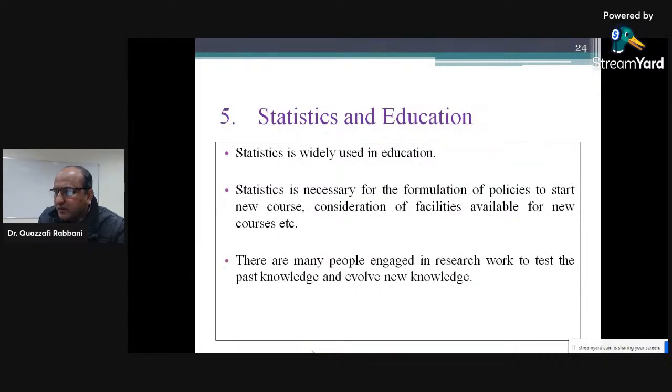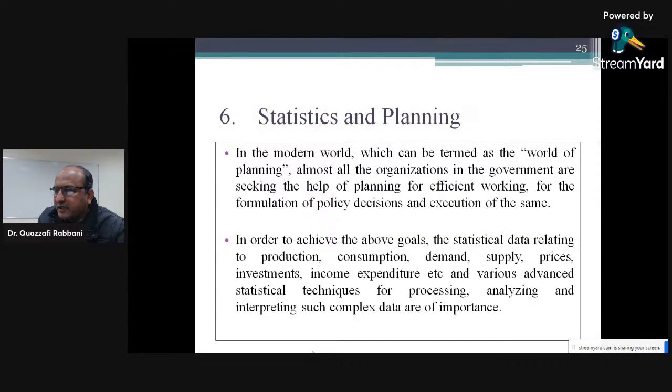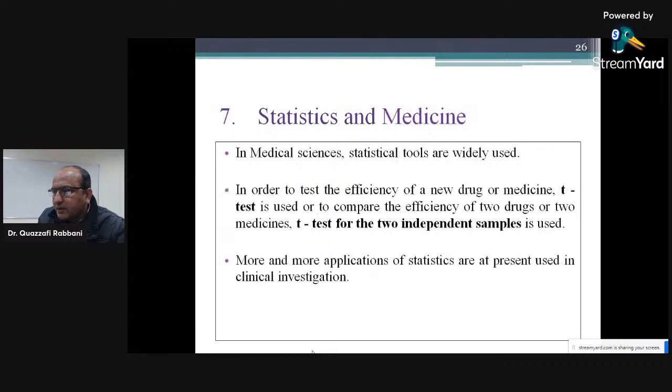So actually there are wide scopes and applications of statistics in all fields of study. Statistics is also used in planning. Statistics is also used in medicine.